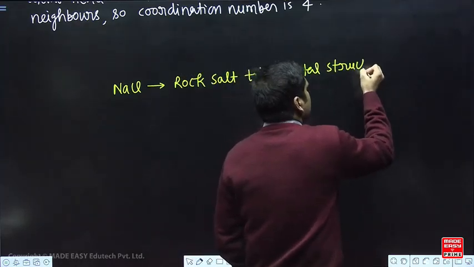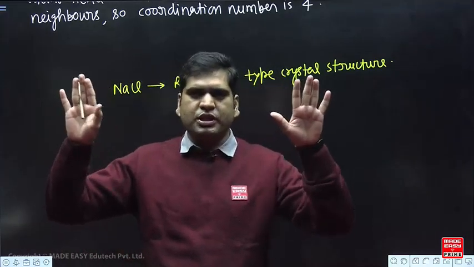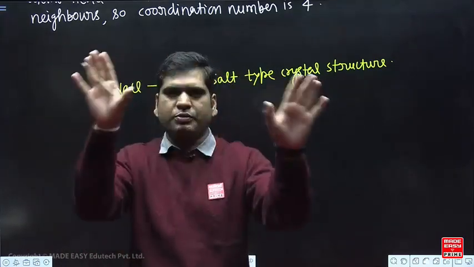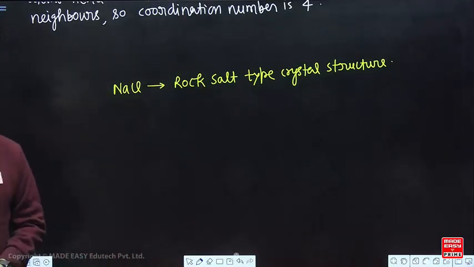Basically, it is interpenetration of two FCC structures. Na make their FCC, Cl make their FCC, and you penetrate them. Whatever structure is developed, that is known as NaCl crystal structure. That is rock salt type crystal structure. Not required to be memorized.